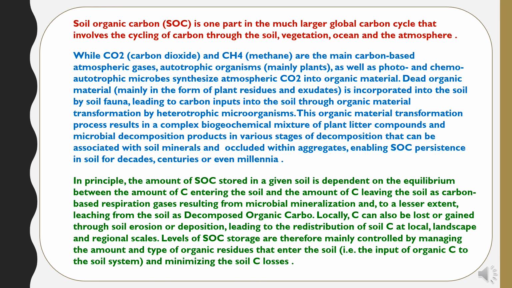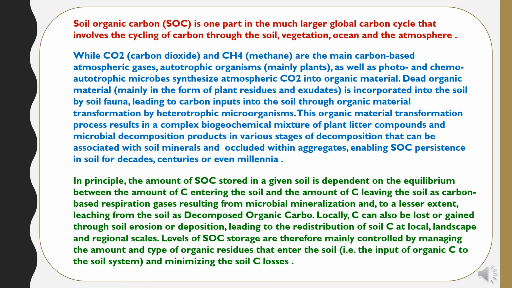In principle, the amount of soil organic carbon stored in a given soil is dependent on the equilibrium between the amount of carbon entering the soil and the amount of carbon leaving the soil as carbon-based respiration gases resulting from microbial mineralization, and to a lesser extent leaching from the soil as decomposed organic carbon.